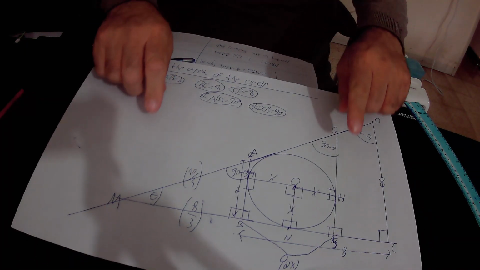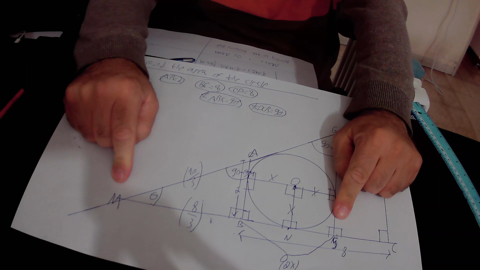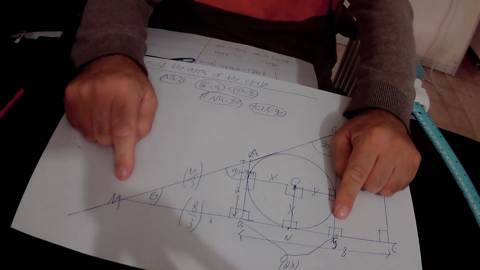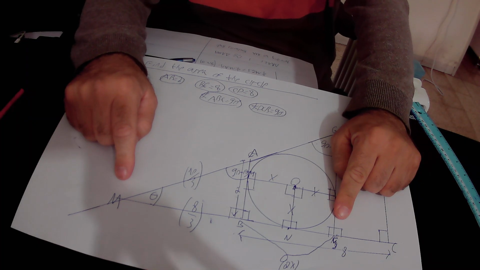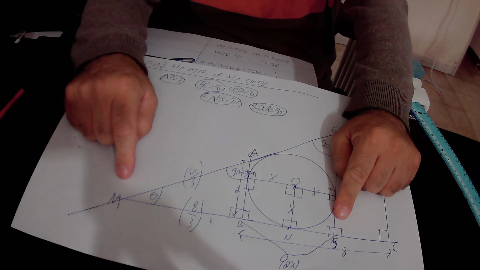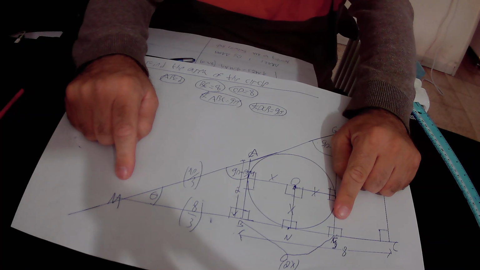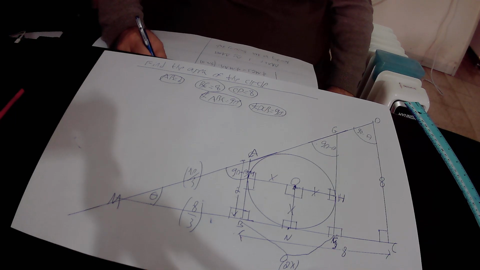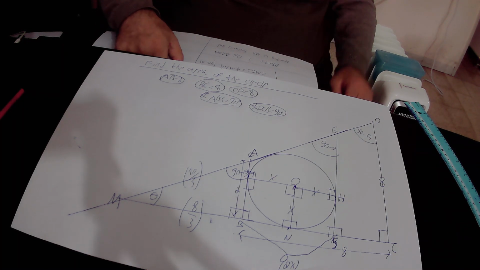What is the length of side MS? From the drawing it is very easy to see that MS equals MB plus BS, that is to say MS equals MB, that is 8 over 3, plus BS, that is 2x. So in total MS equals 8 over 3 plus 2x. Over MB is 8 over 3, is equal to GS.